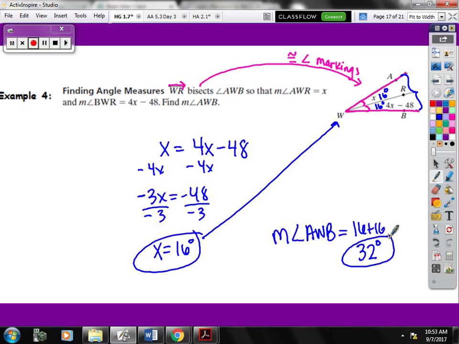There's a lot of room for your drawings. They don't have to be that big, but remember, if there is not a picture given, but there's a description, you always want to draw one.